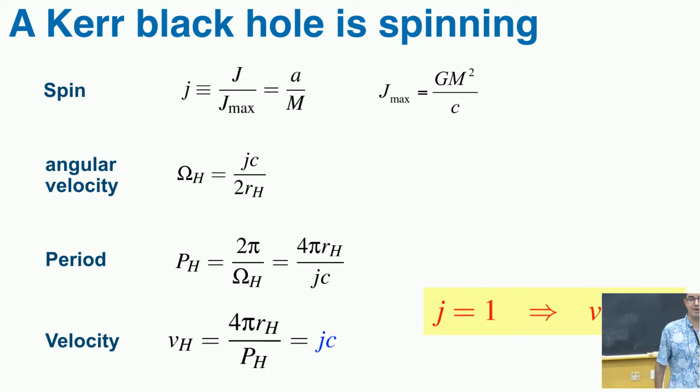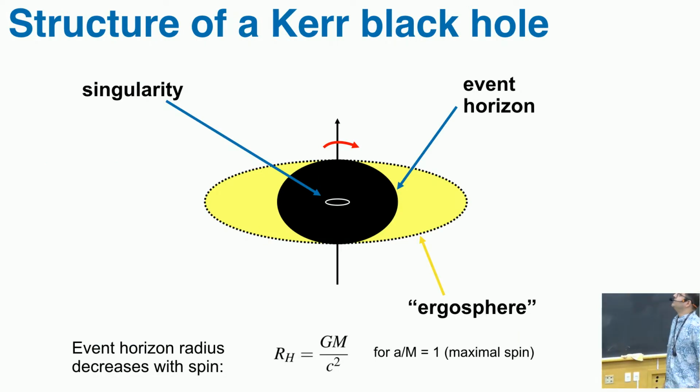But so far, people have tried to destroy event horizons, and nobody was able to overspin a black hole and reveal the naked singularity with calculations. People are trying, but it's very hard. So you can characterize the spinning event horizon with an angular velocity, with a period, with the velocity at the equator. This is the resulting structure of a Kerr black hole.